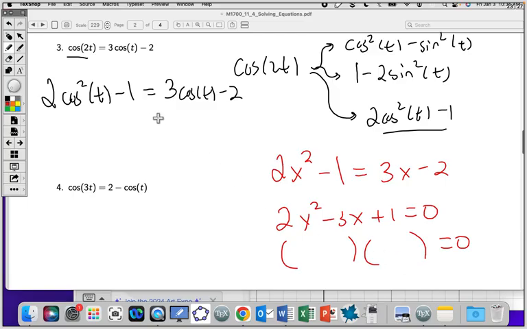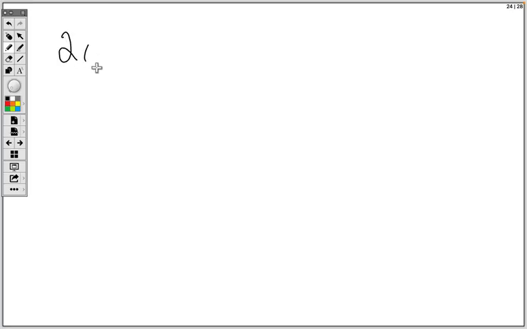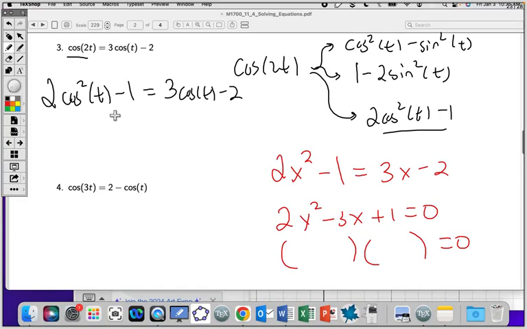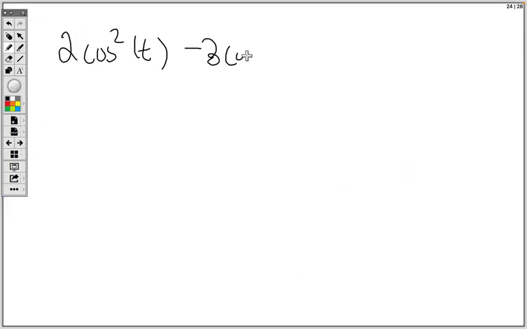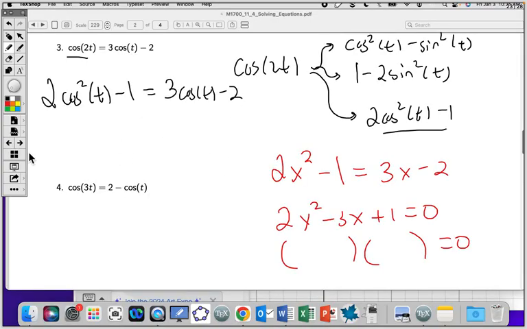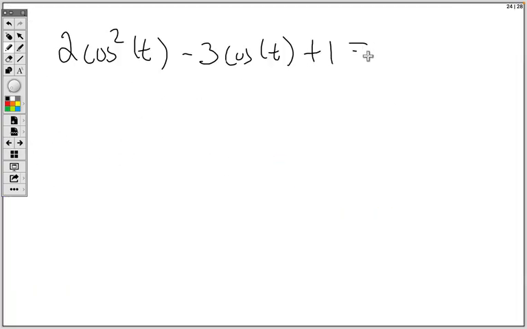So that's the same strategy I'm going to use here. So I'm going to have 2 cosine squared t minus 3 cosine t plus 1 equals 0. And now I'm going to try to factor this.